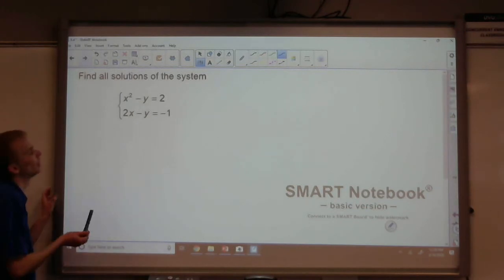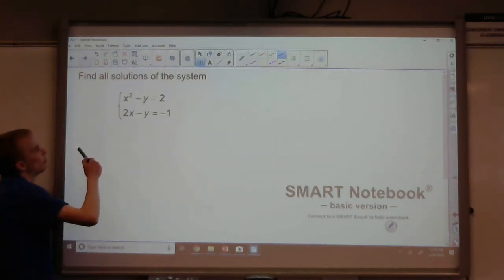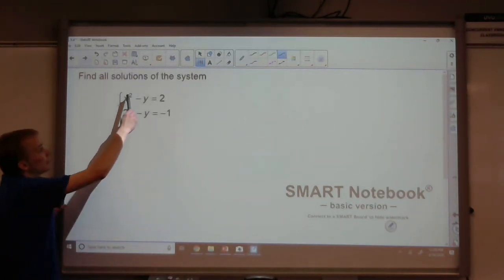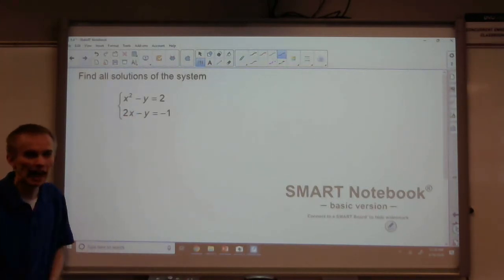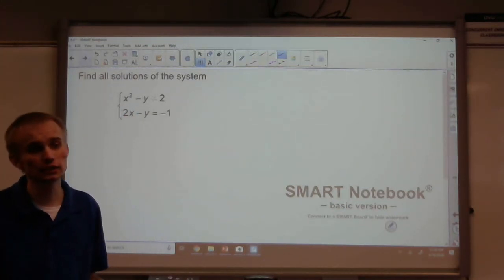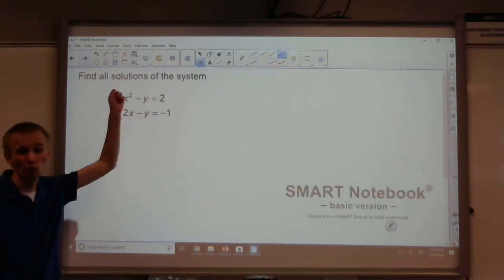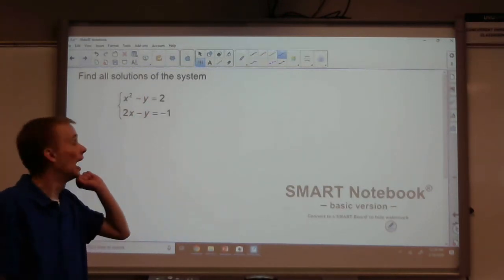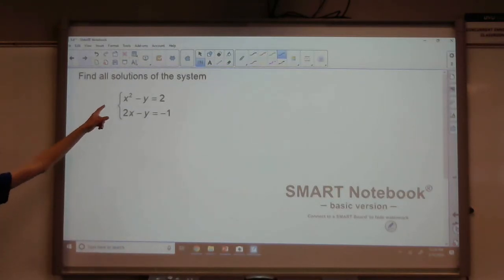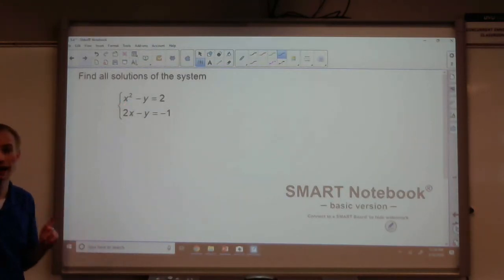Now on this one, these guys don't match very well, right? This one I have an x squared, this one I have an x. Now you could still do elimination with this one if you eliminated your y, okay? But I'm going to do substitution instead because these two equations don't match very well, okay?